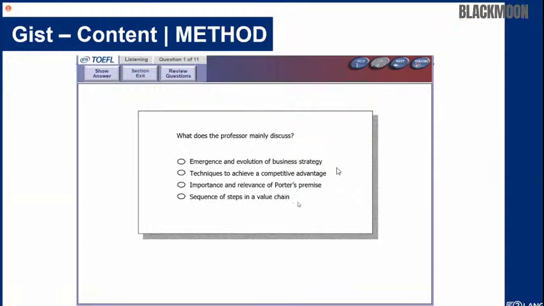Which one do you guys think it is? Is it 1, 2, 3, or 4? Quite a mixed bag. We've got some 2s, some 4s.